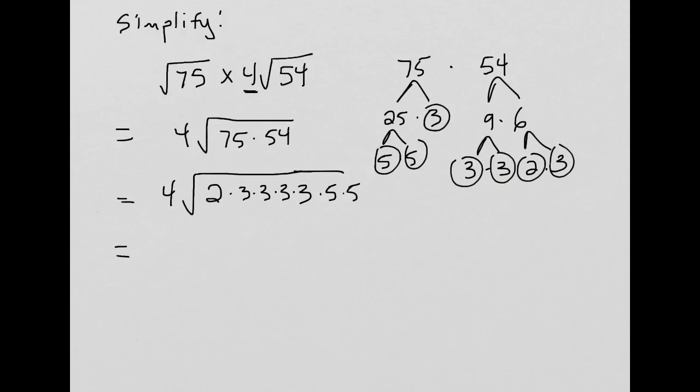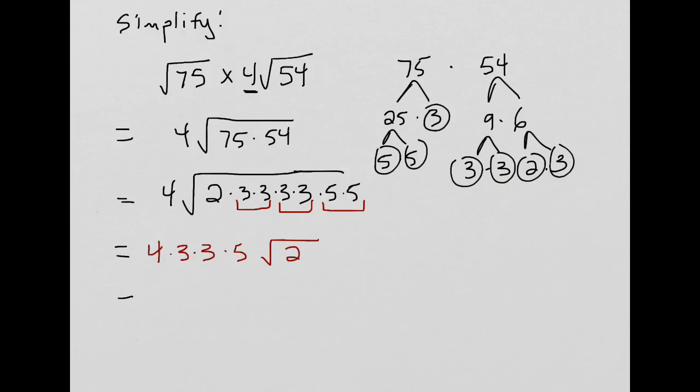So if I look at my 3's, I can make 1 group of 2, 2 groups of 2. So that means I can pull 2 factors of 3 out. So I already had the 4 in front. I can pull a 3 out, and I can pull a second 3 out. And then I can also pull a 5 out. And then what's underneath my square root, it looks like it's just that 2.